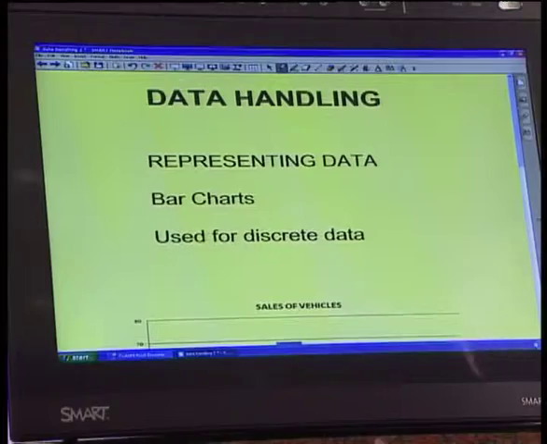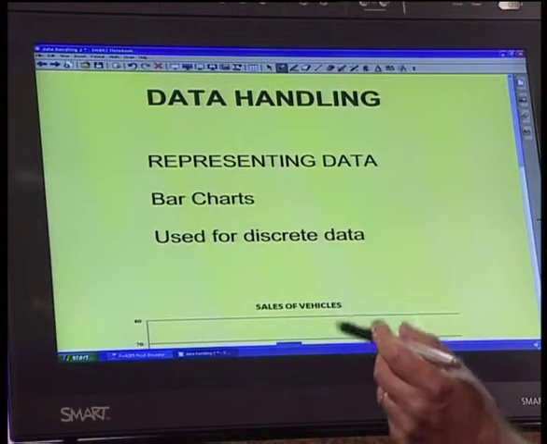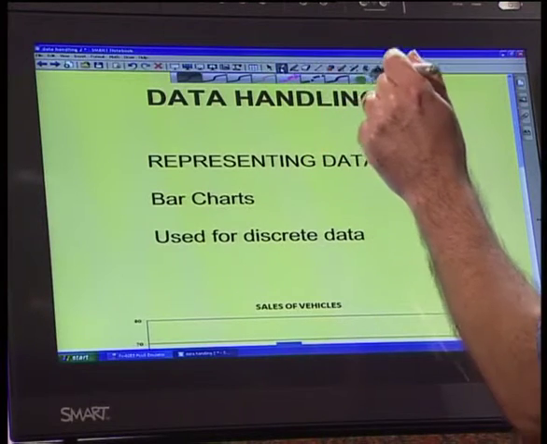Bar charts are another way of representing data. They are very similar to histograms because they look almost exactly the same. Again, they are columned data that is represented in a picture form. The bar chart, however, is used for what's known as discrete data.